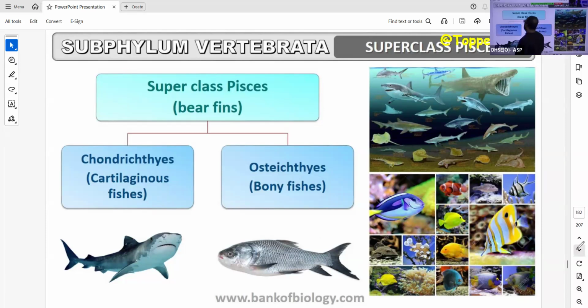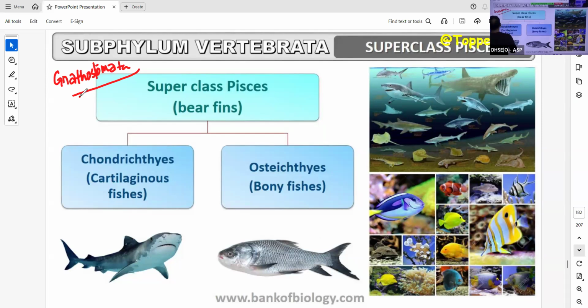Now here we are looking at the Gnathostomata. Means the jaws are present. Now, superclass Pisces, that is, they bear paired fins, subdivided into two categories.